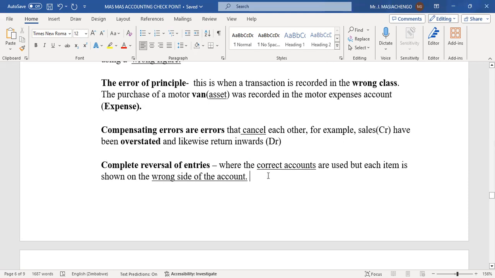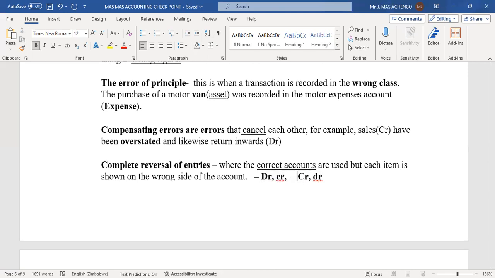So in simple terms, let me try to give you a clue. An account that was supposed to be debited was credited. An account that was supposed to be credited was debited. Maybe it can give you a good clue.